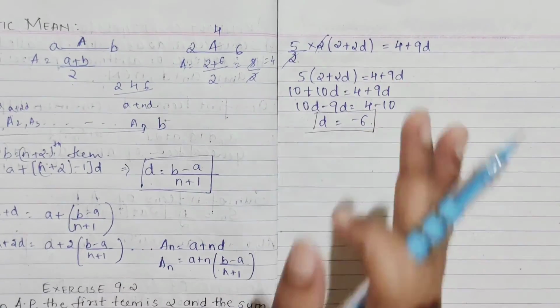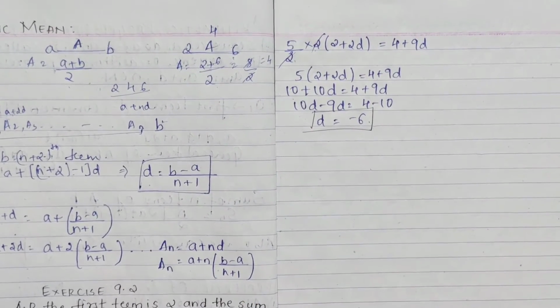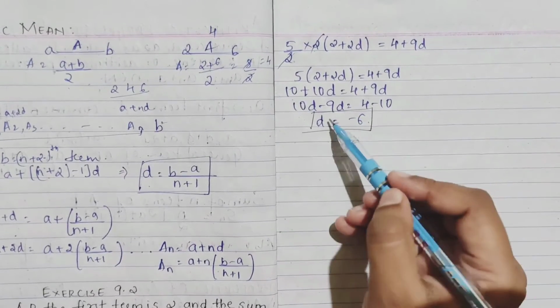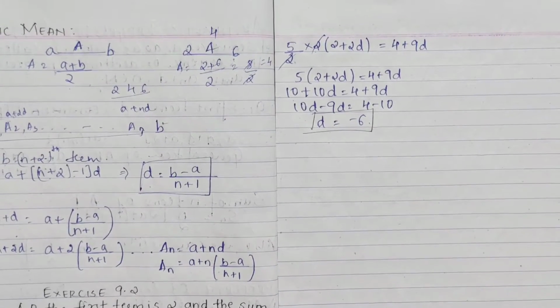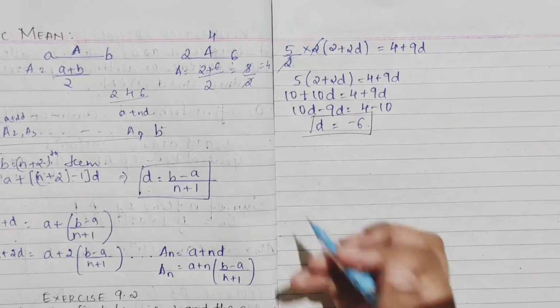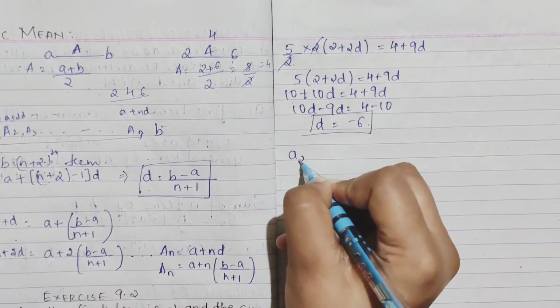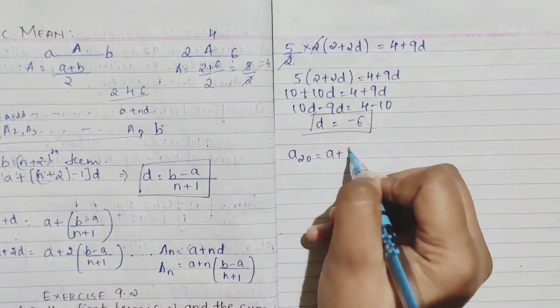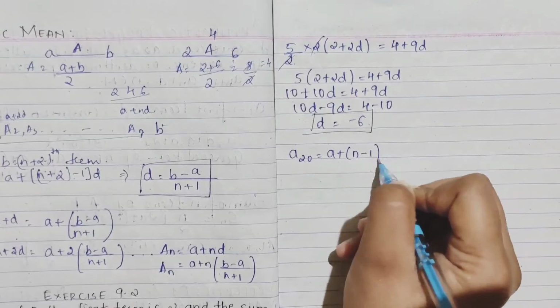So d terms and just numerical terms taking to one side. 10d minus 9d is d, 4 minus 10 is minus 6. So d you have got. Here they have said show that the 20th term is minus 112. So a_20 they are asking. Our normal formula is a plus n minus 1 d, right?